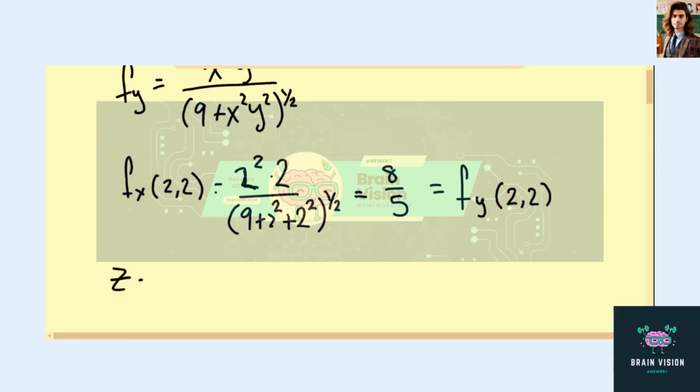So plop everything into our formula, we get z is equal to 5 plus 8/5 times x minus 2 plus 8/5 times y minus 2.